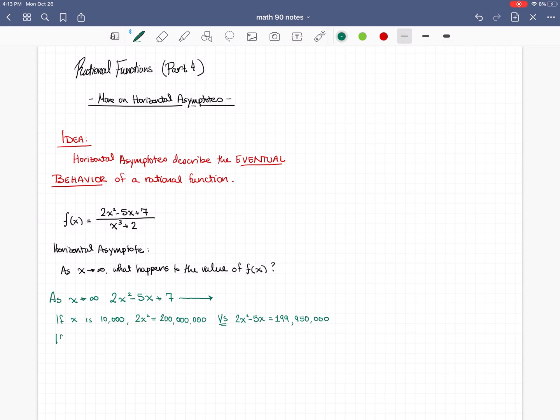If we kept going with this and said if x is, say, 100,000, I invite you to make that comparison. So imagine squaring 100,000, right? When you square 100,000, you get 1 with 10 zeros at the end of it. That's 10 billion.